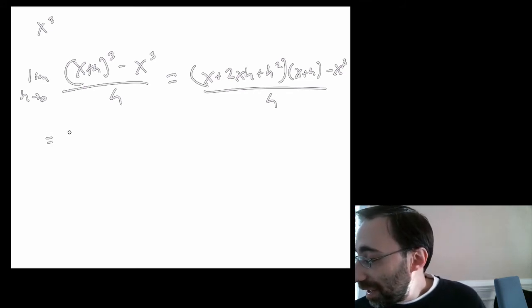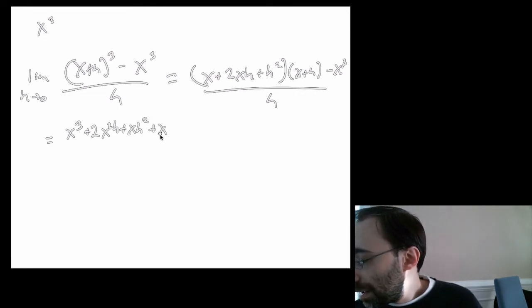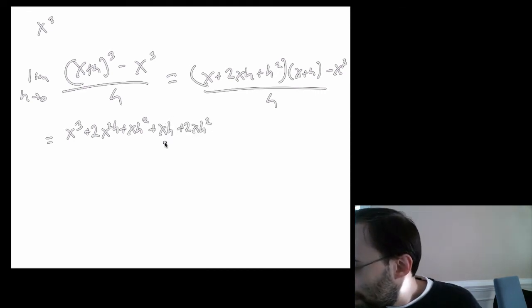What's that now? Well, we can expand that again. We get x cubed plus 2x squared h plus xh squared plus x squared h plus 2xh squared. So that should be x squared h. What am I doing here? No, that's right. Sorry, I missed a square here.